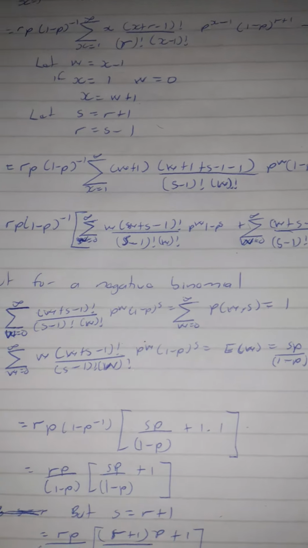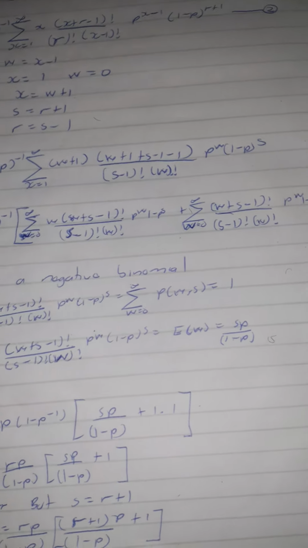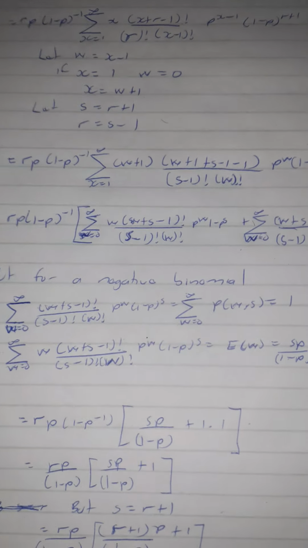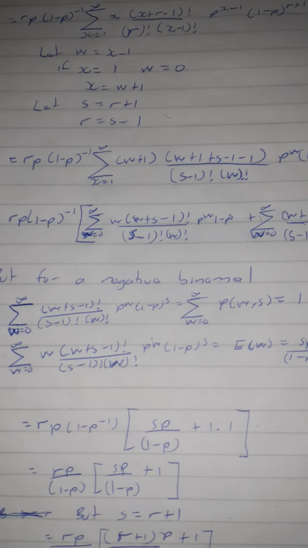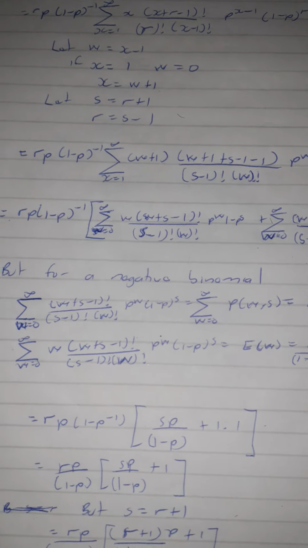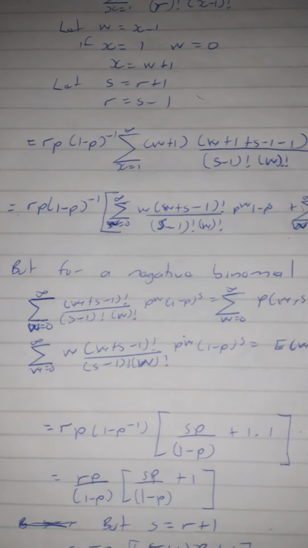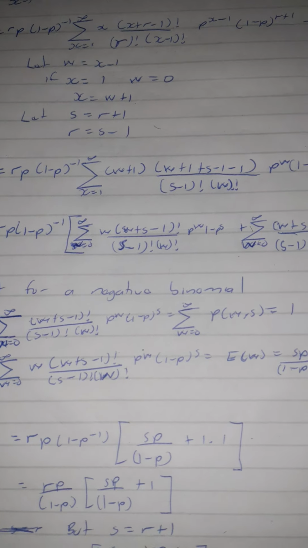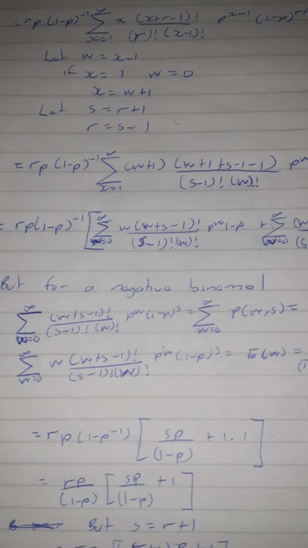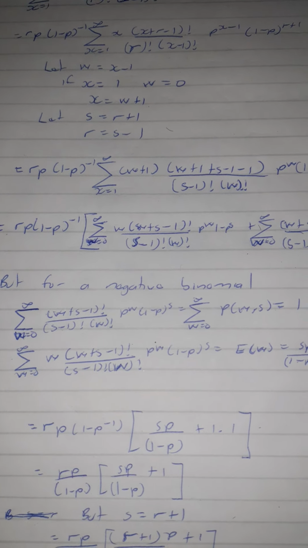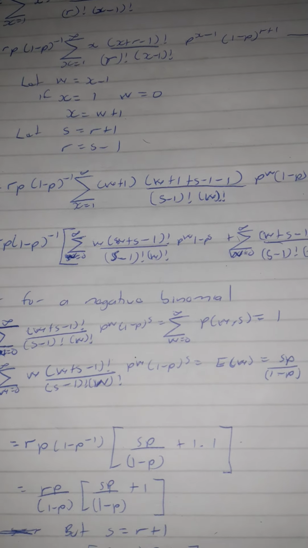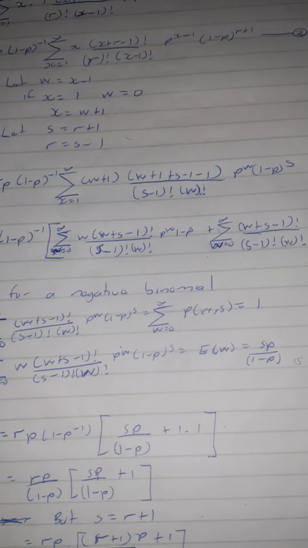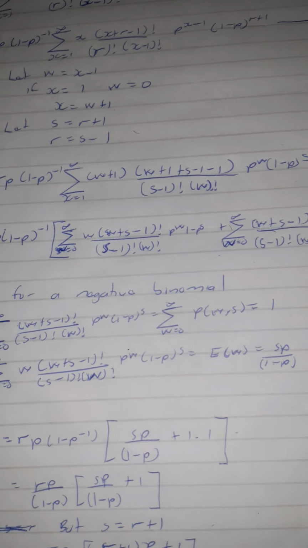And also now, from equation 2, we can see that the summation from w equals 0 to infinity of w times (w plus s minus 1) factorial over (s minus 1) factorial w factorial, p to the power w, (1 minus p) to the power s is equal to the mean, which is equal to sp over 1 minus p.